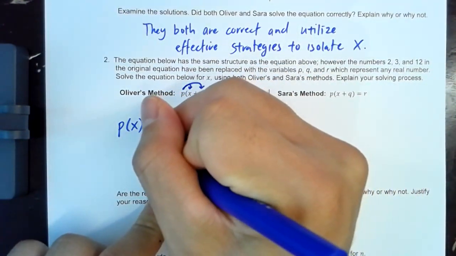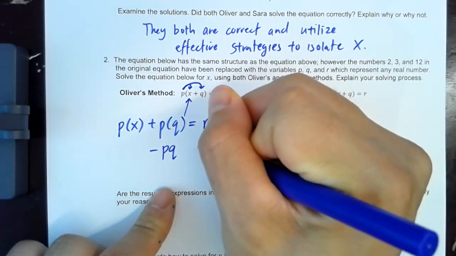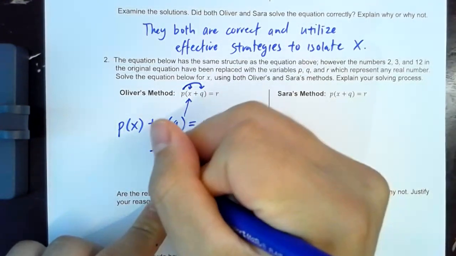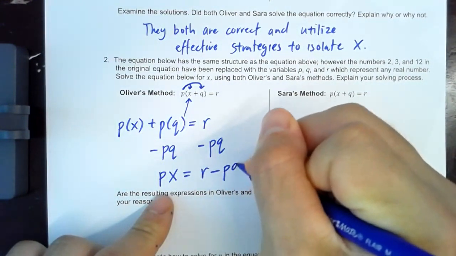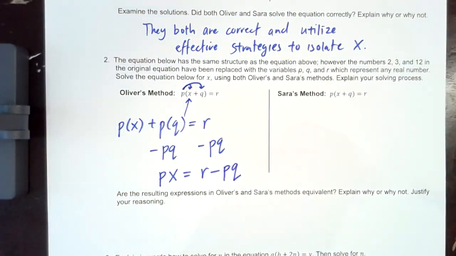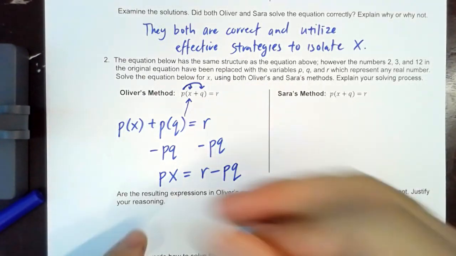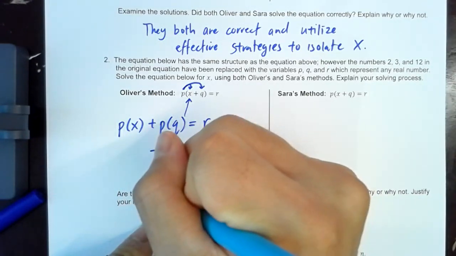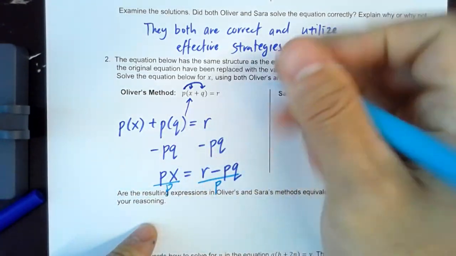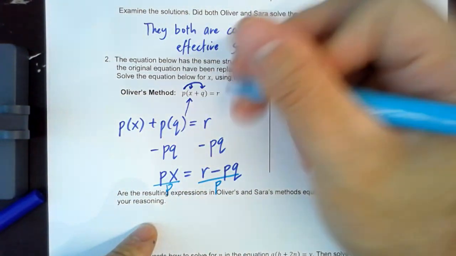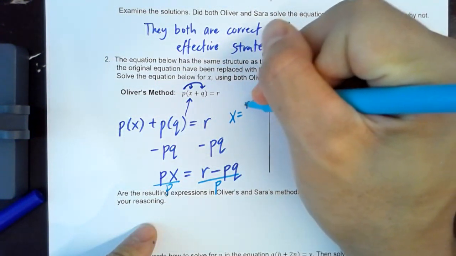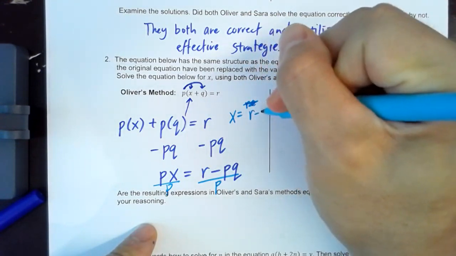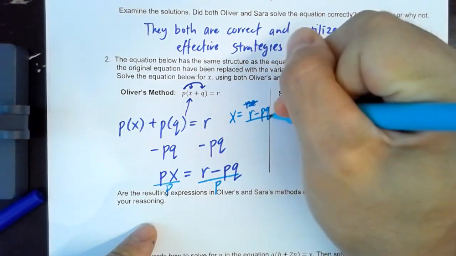So I would subtract pq from both sides, and I would get px is equal to r minus pq. Then our final step would be to divide both sides by p. This gets a little bit complicated, but you get x is equal to r minus pq divided by p.